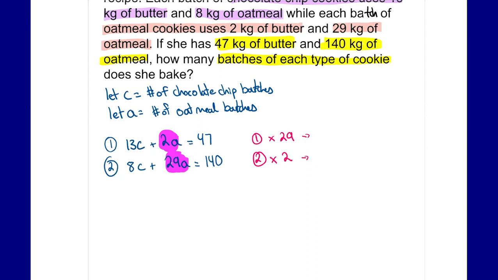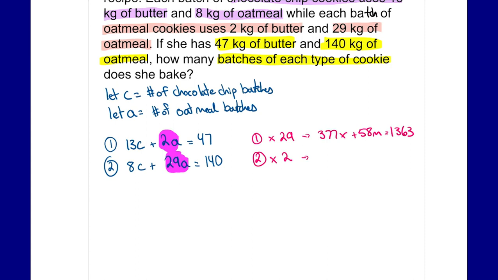This now leaves us with two new equations. If I take the first one and multiply it by 29, I get 377c plus 58a equals 1,363.